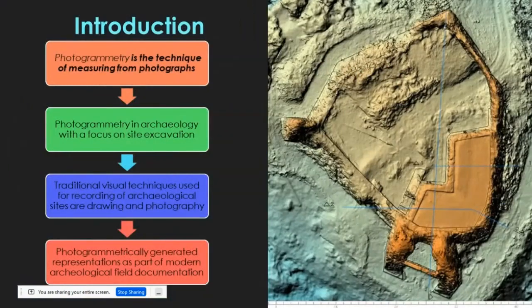We should say something about photogrammetry because it is on the topic. Photogrammetry is a technique of measuring from photographs. The process involves taking photographs of an object from multiple angles to create a 3D picture of reality.